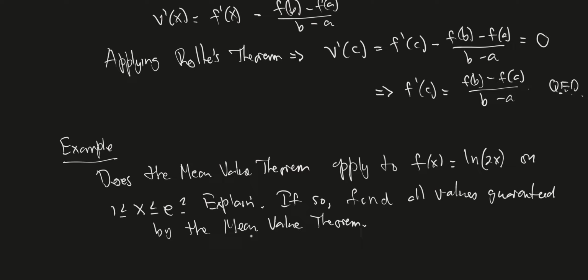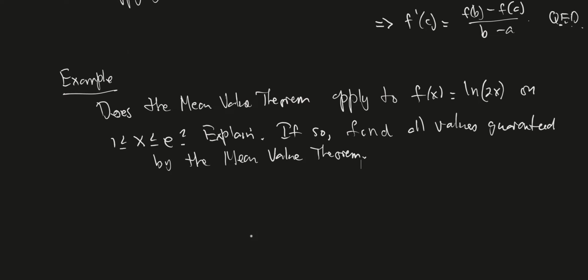All right. Okay, so for the mean value theorem, we have to establish continuity and differentiability. Now, this is a logarithmic function, right? And what we know about logarithmic functions is that they are going to be continuous whenever the inner function is positive, and also differentiable whenever the inner function is positive.